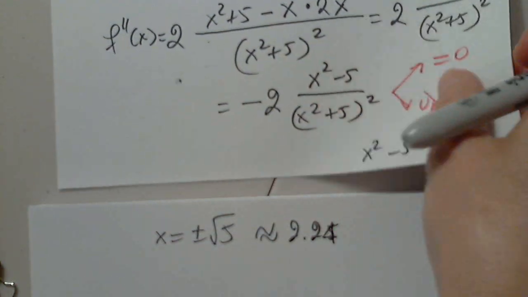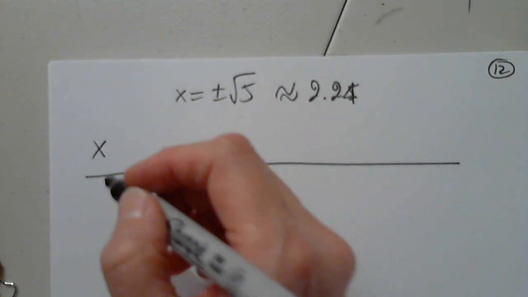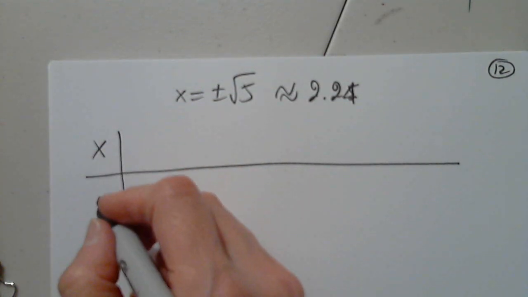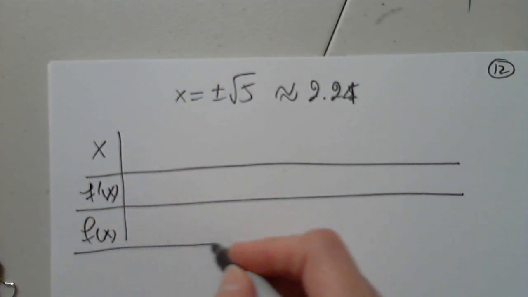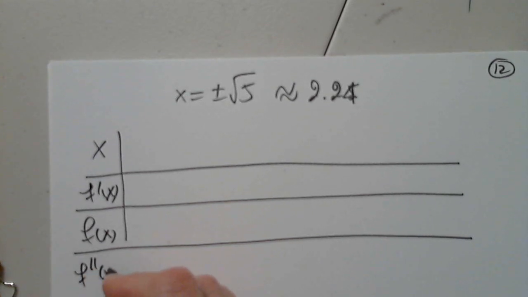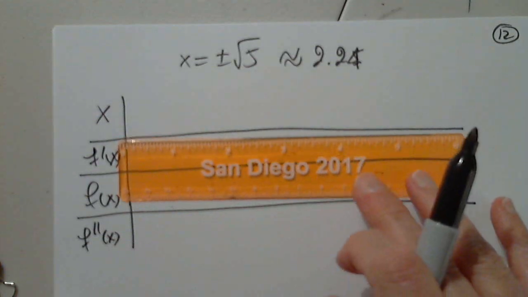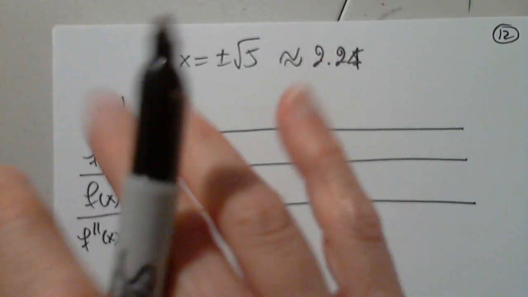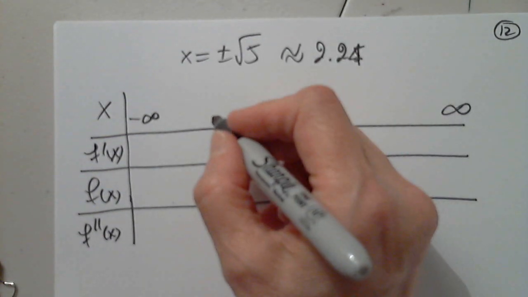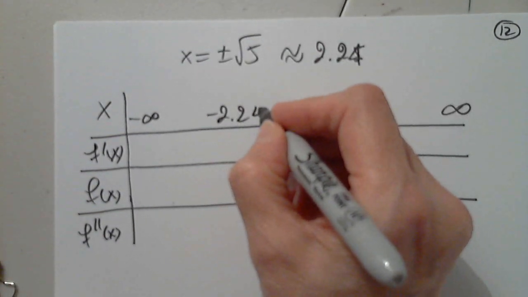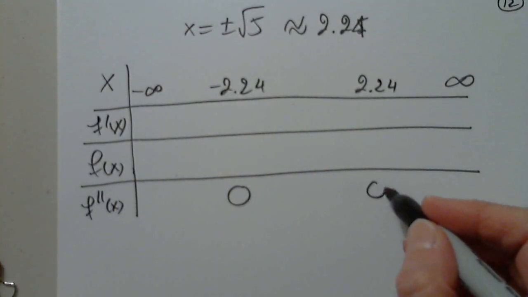Okay, so of course, the analysis is done with a similar table as before. And we have f prime of x, and we have f of x, and we have the second derivative. I'm not going to fill the first derivative out with anything because we skip that. The domain is all real numbers. So we only want negative 2.24 and 2.24, 0 and 0.